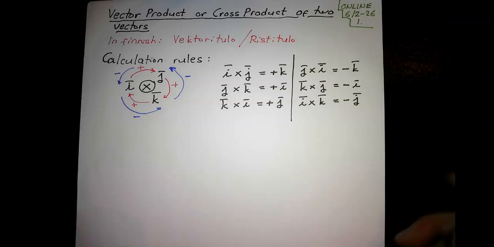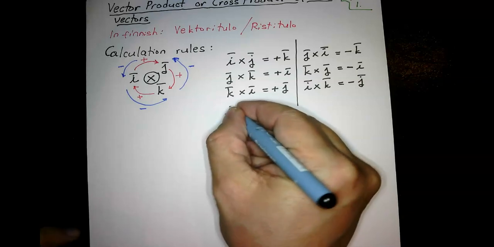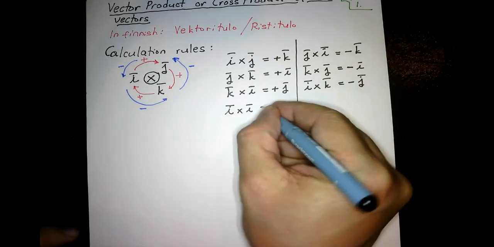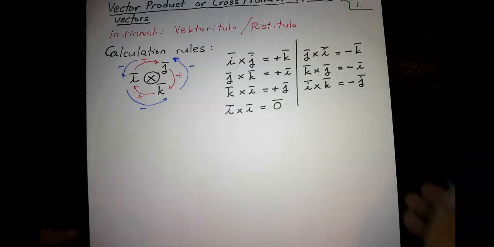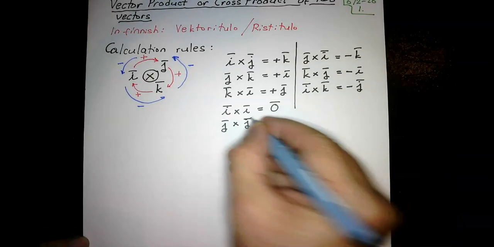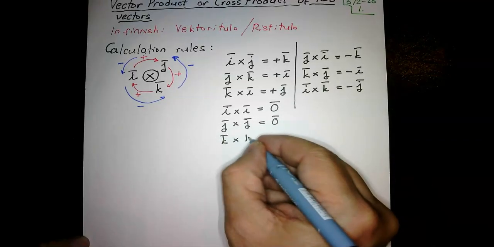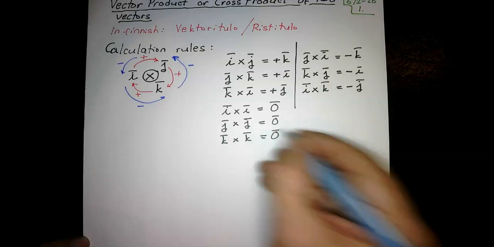And also there are three other cases for the multiplication, and that is the case where we multiply a vector with itself. So i cross i is the zero vector. j cross j is also the zero vector, and k cross k is also the zero vector.